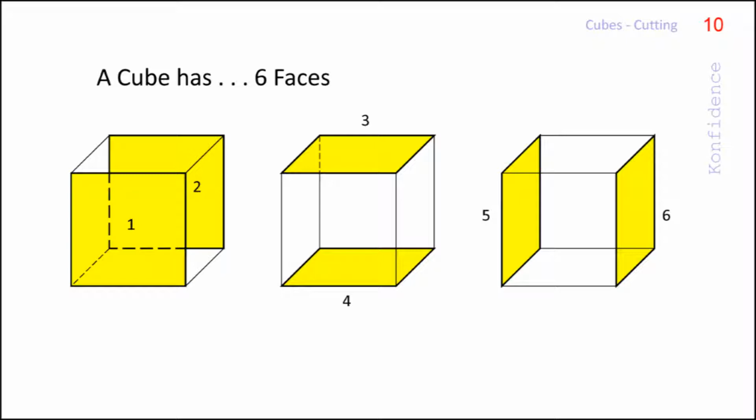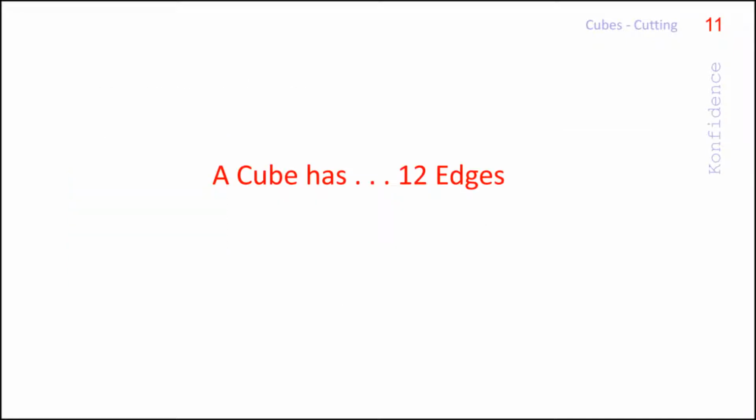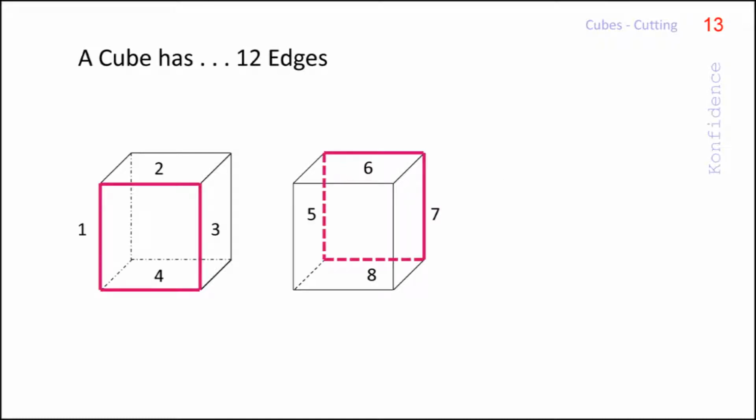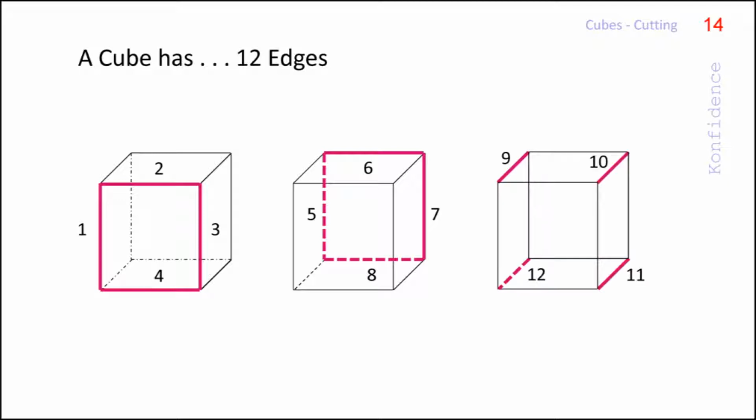They are also parallel. Please observe that the front and back faces are perpendicular to the top and bottom faces and the side faces. The top and bottom faces are perpendicular to the side faces. The cube has 12 edges, 4 along the front face, 4 edges along the back face, and 4 edges along the sides.